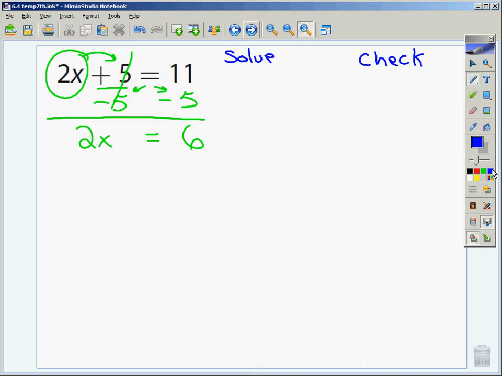I still want to get what by itself? The variable. It's being multiplied. The opposite of multiplication is I divide both sides by 2. These 2 would cancel out, leaving me x equals, and 6 divided by 2 is 3.